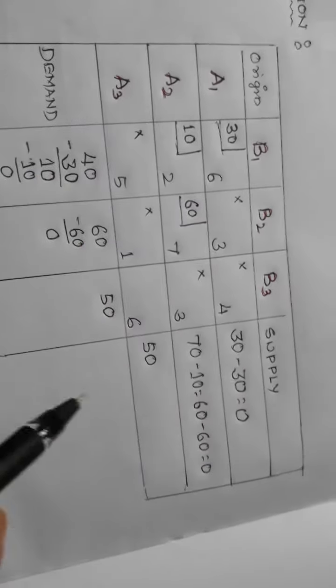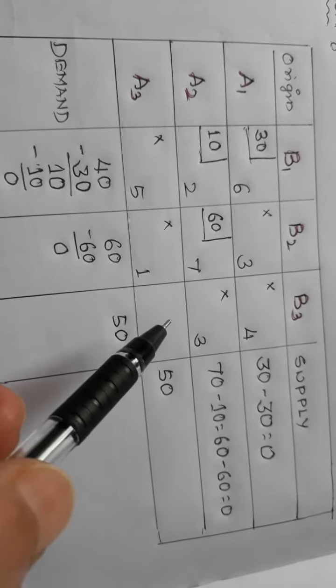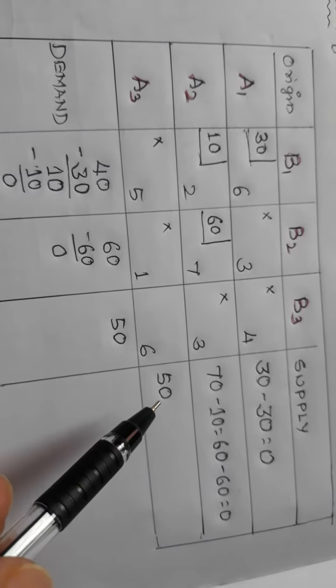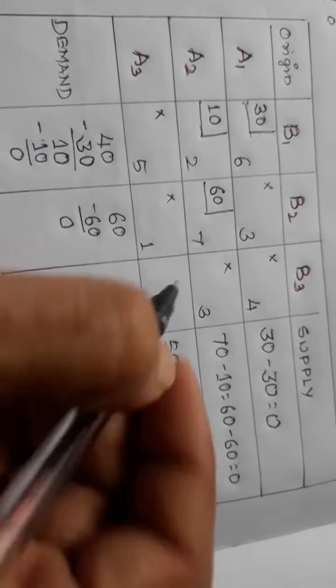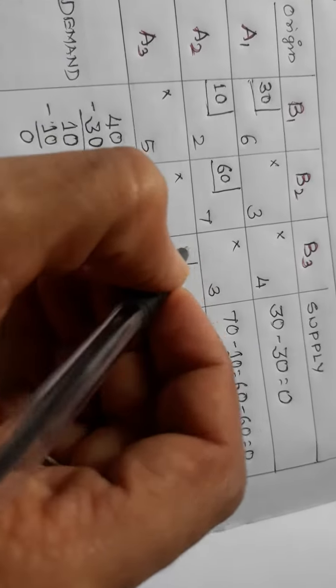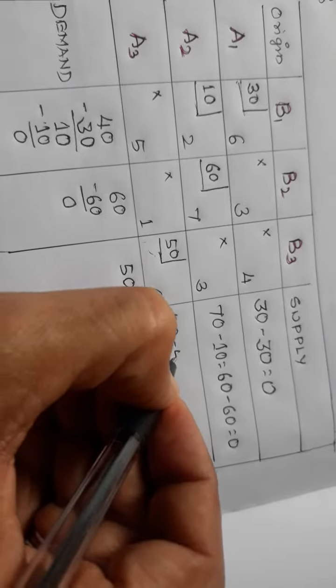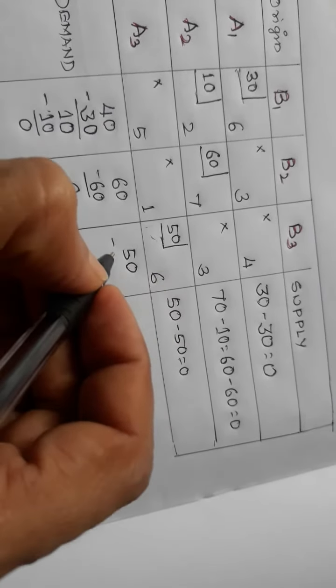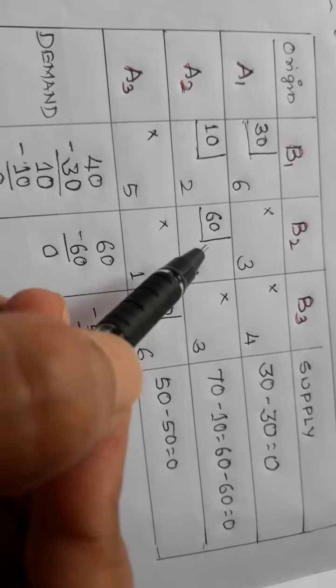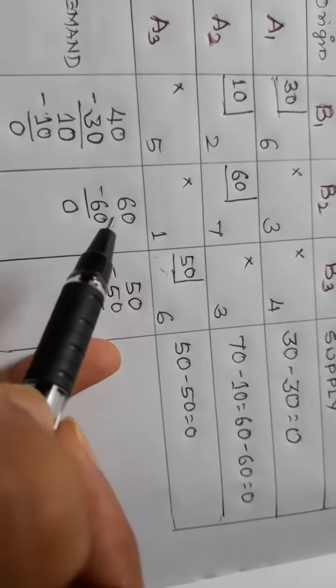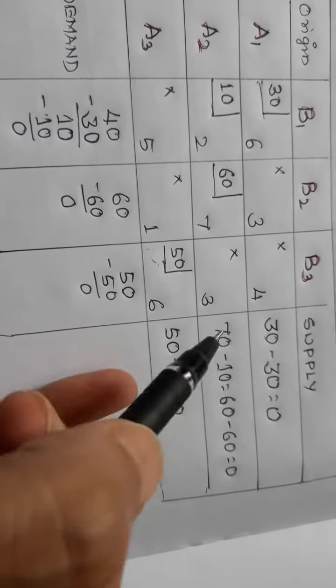Here also a cross. And the last cell is available: demand is 50 and supply is 50. 50 minus 50 is 0, 50 minus 50 is 0. See the allocation: supply 30, then 10 plus 60 is 70, and 50. Next, demand: 30 plus 10 is 40, 60 and 50. Now this is the calculation method of the Northwest Corner Rule.